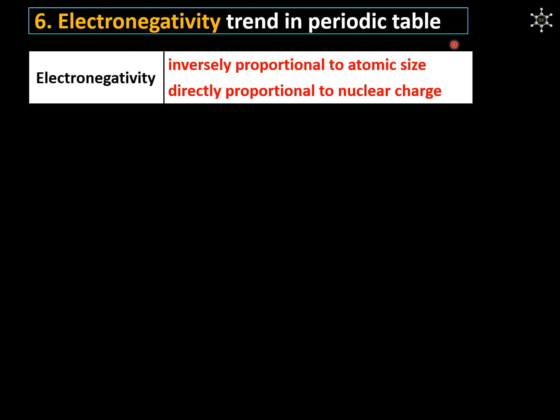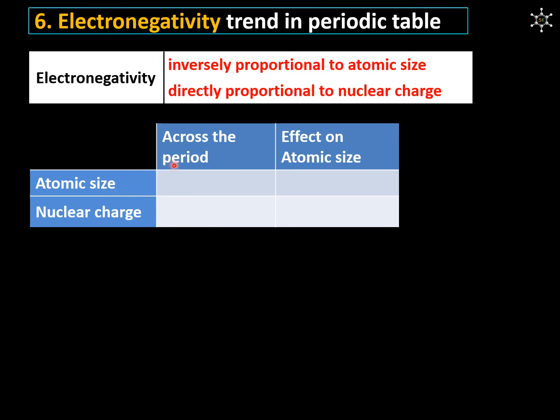The electronegativity trend in the periodic table is very much similar to the electron affinity trend. Atomic size across the period decreases. Since atomic size is inversely proportional to electronegativity, we expect the electronegativity to increase across the period because of atomic size. Nuclear charge across the period increases.